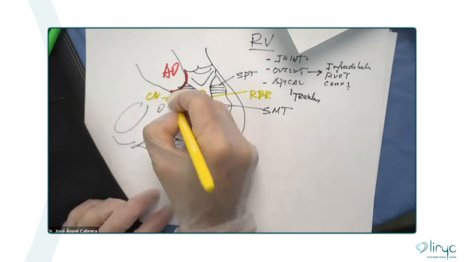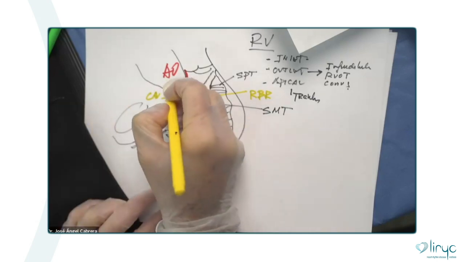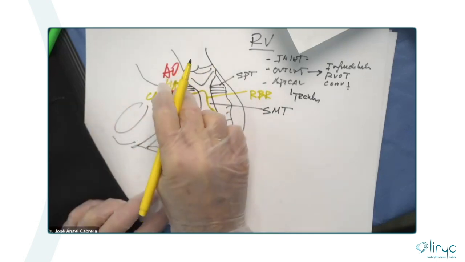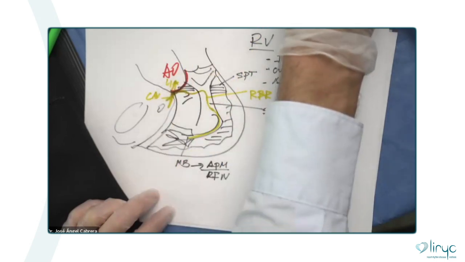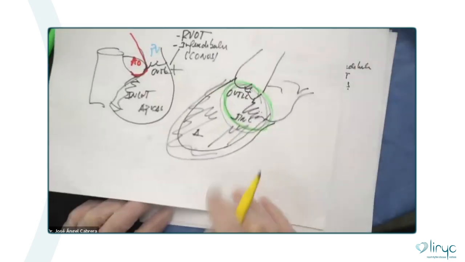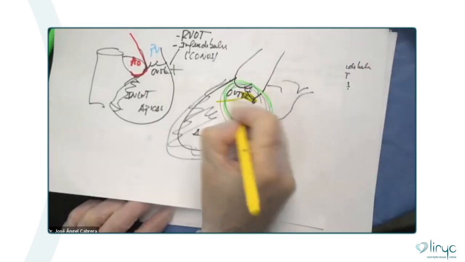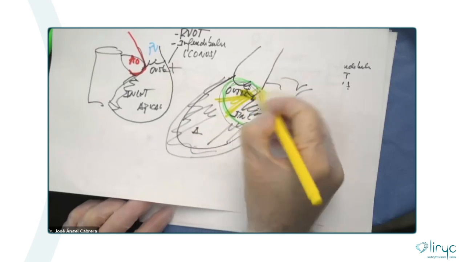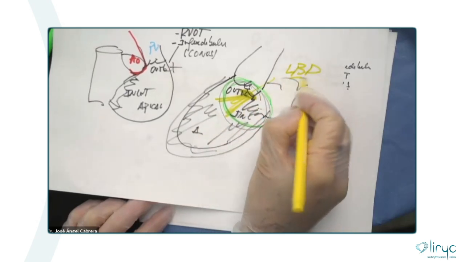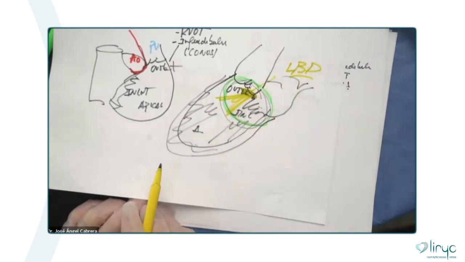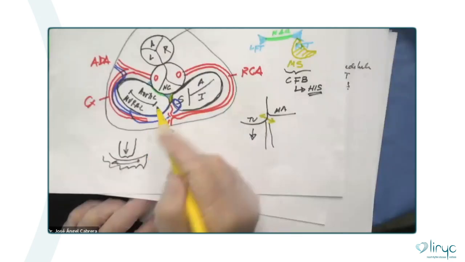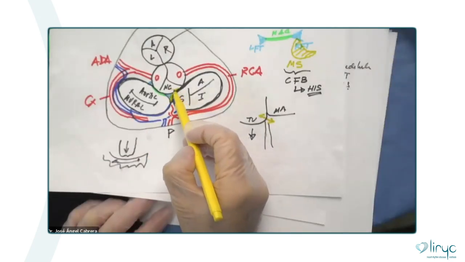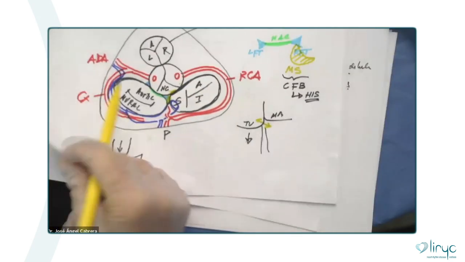And what about the left bundle branch? We are going to see that the left bundle branch appears in the left ventricular outflow tract. And we are going to see in this area the left bundle branch in the membranous septum. The membranous septum between the non-coronary and the right coronary cusp.